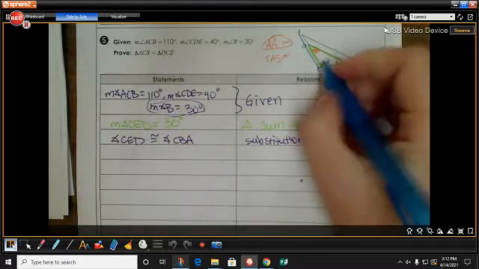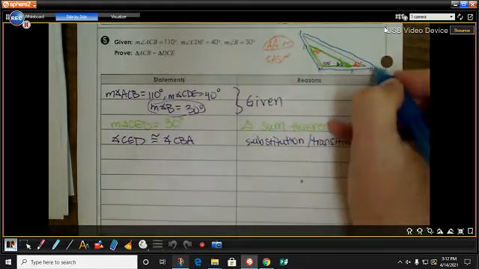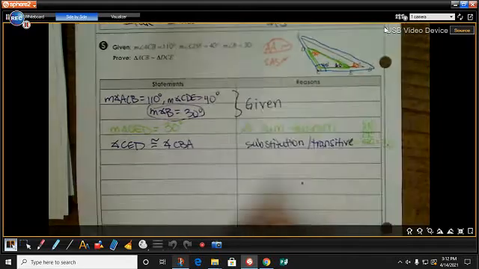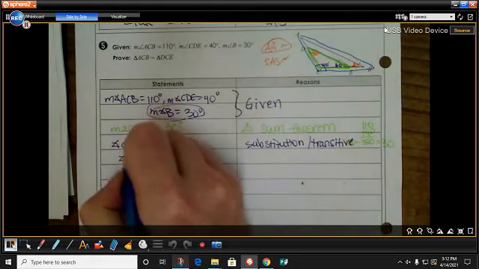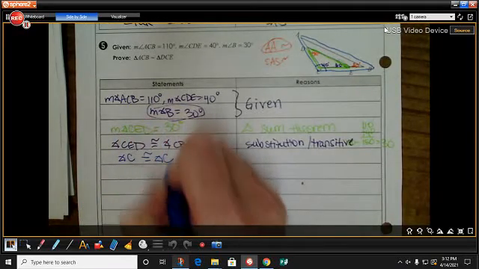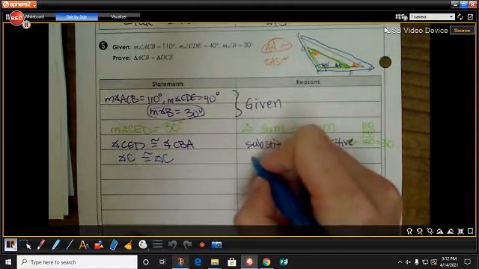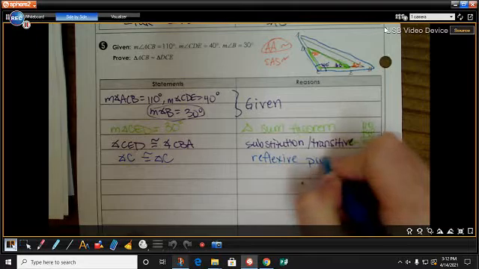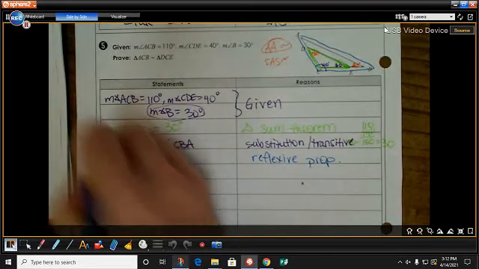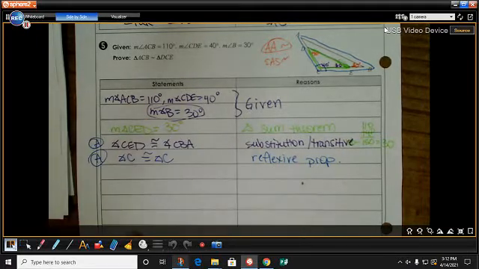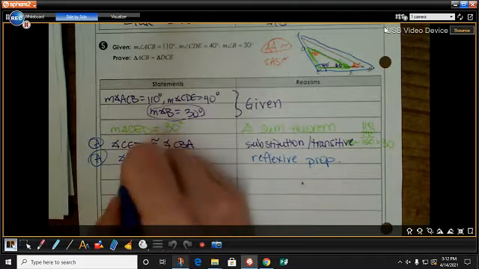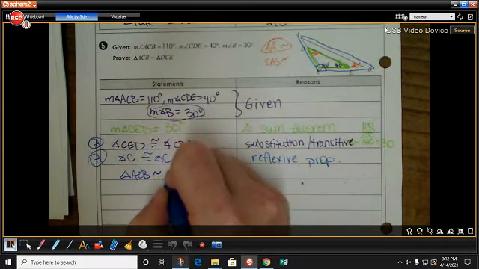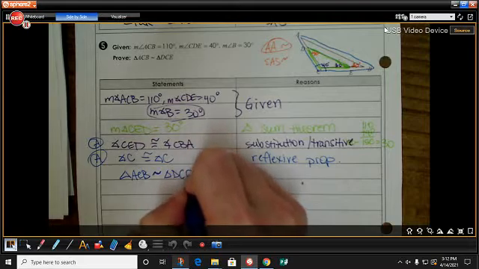My big triangle contains angle C, and my little green triangle also contains angle C. So I can say that angle C is congruent to angle C. And that's going to be by my reflexive property. So now I have one set of angles being congruent and another set of angles being congruent. So I'm ready to be done and say that triangle ACB is similar to triangle DCE.